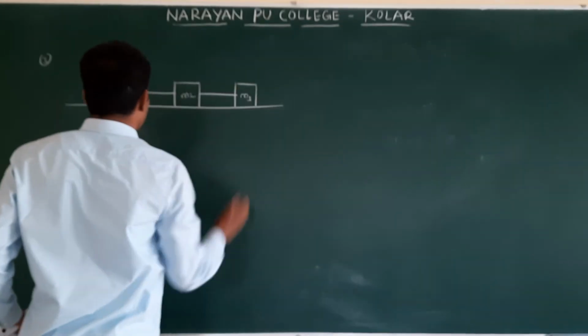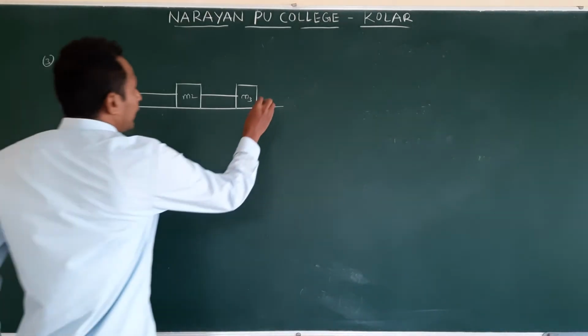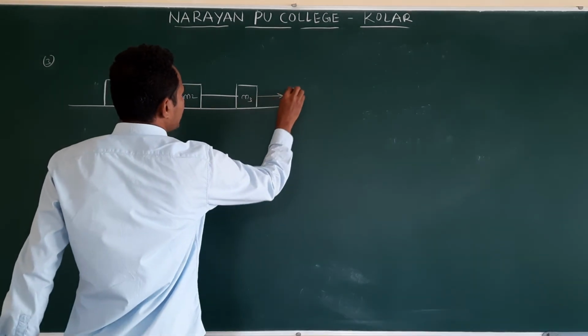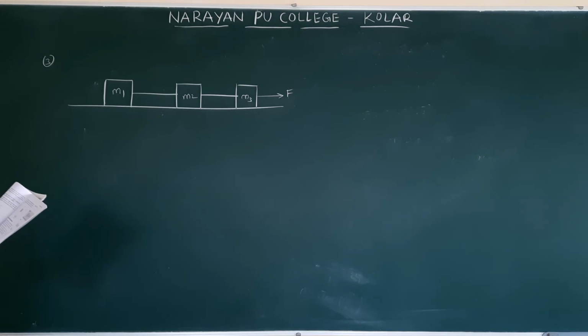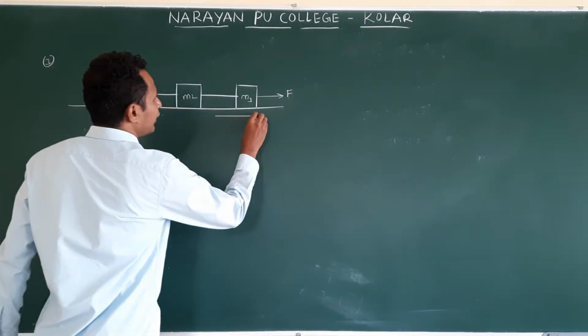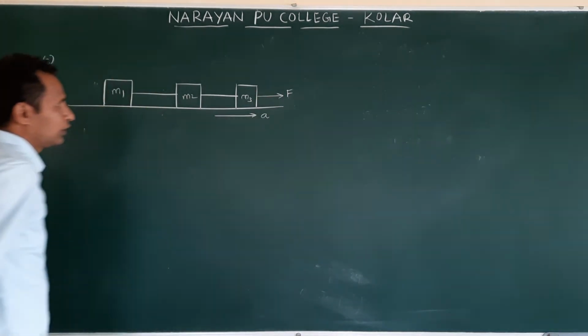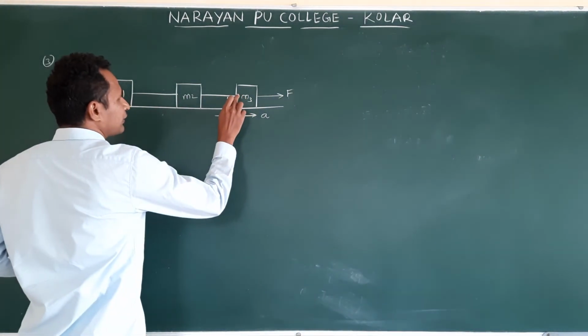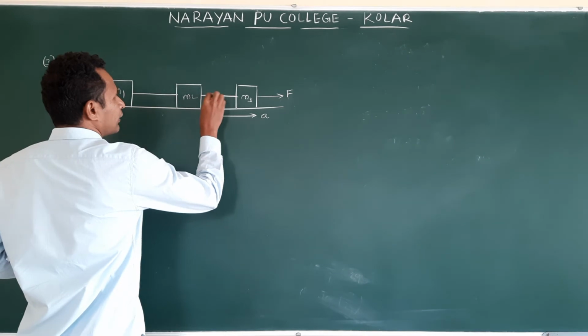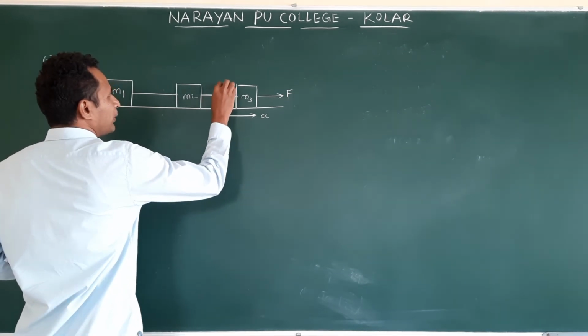On the third object, a force is applied. Now the system is accelerating in the direction of the force, with acceleration a. Now what happens when the force is applied? Tension will develop here, T1.